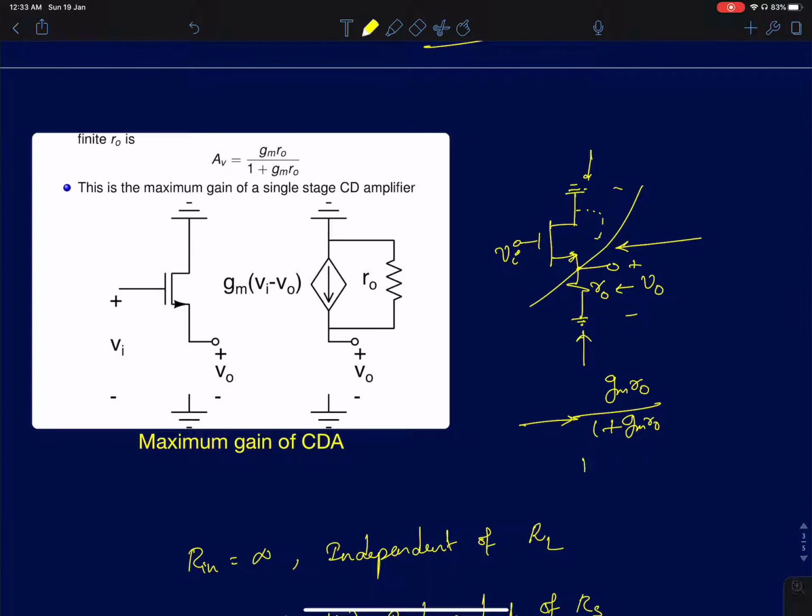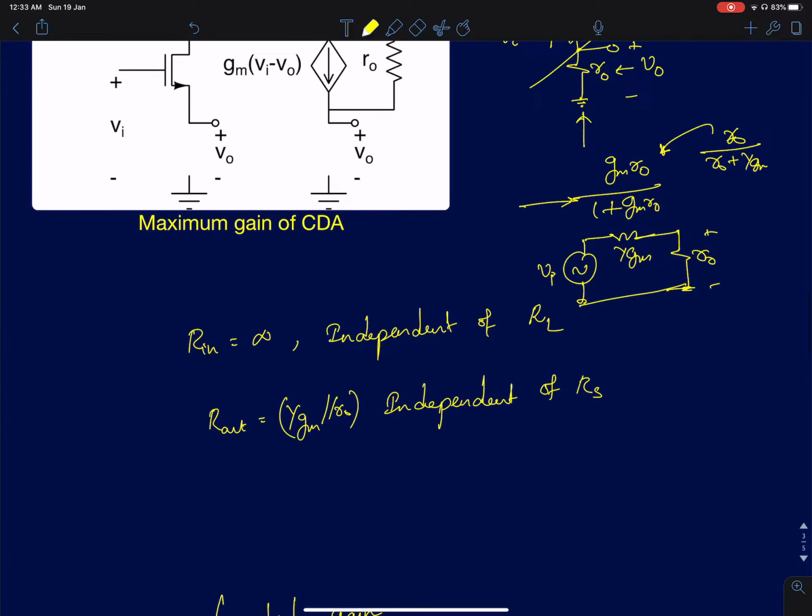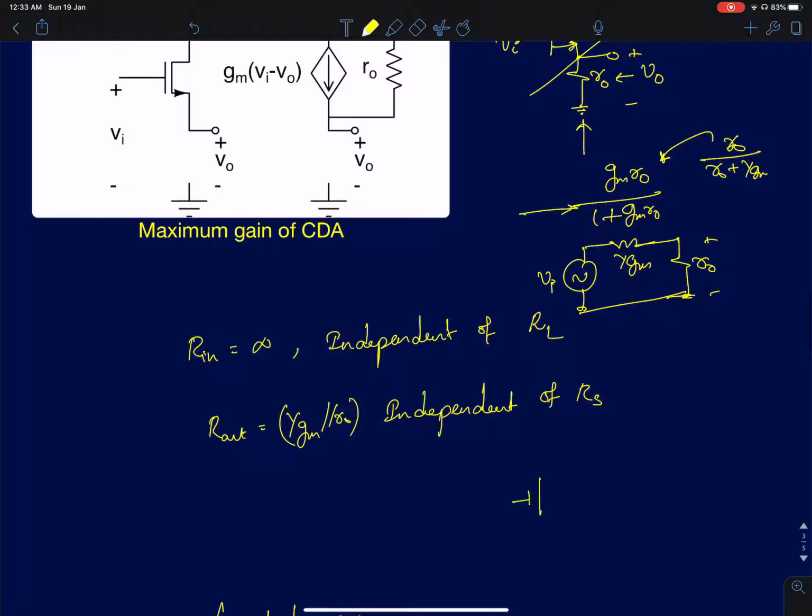So Vi is the Thevenin voltage, 1 by gm is the Thevenin resistance, and r0 is the load. To find the voltage across r0, it's going to be r0 by r0 plus 1 by gm. So that will be nothing but this result.